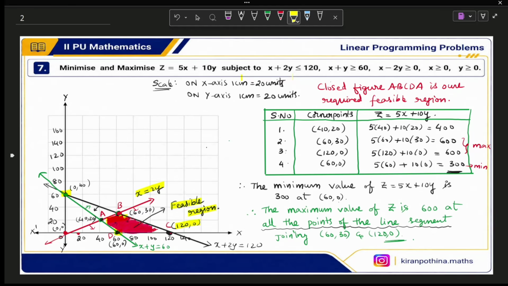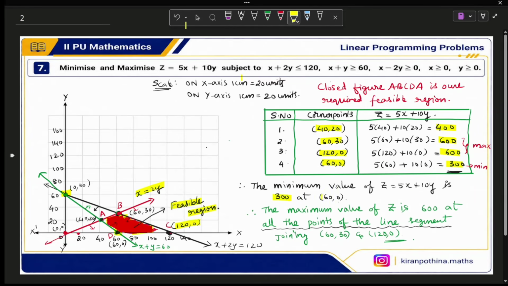After knowing the common region, we substitute the corner points 40 comma 20, 60 comma 30, 120 comma 0, and 60 comma 0. We get the values 400, 600, 600, 300. Out of all, the least value is 300, right?